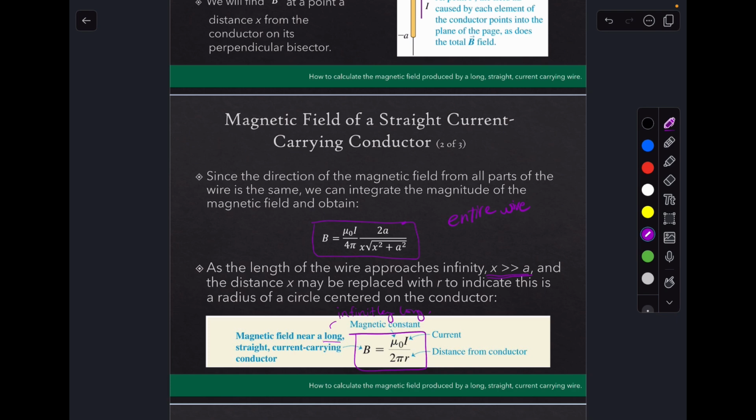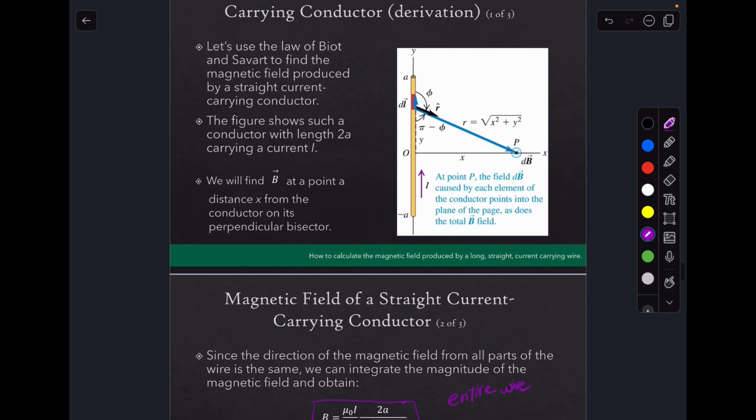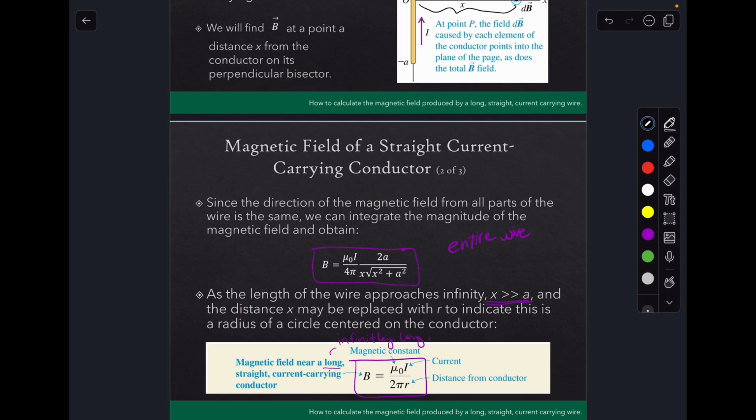So what does that mean? That means that we are very far away from the wire, so far away that the wire looks like it's infinitely long. So in other words, instead of x much, much larger than a, we could say that we are letting a approach infinity.